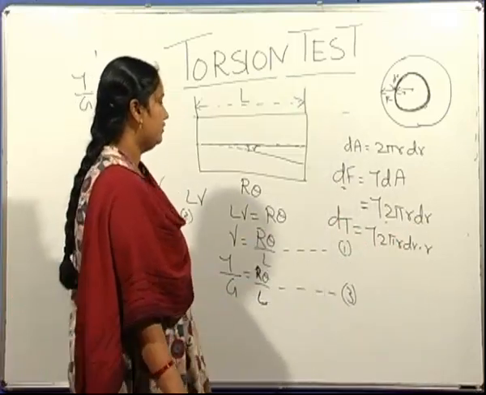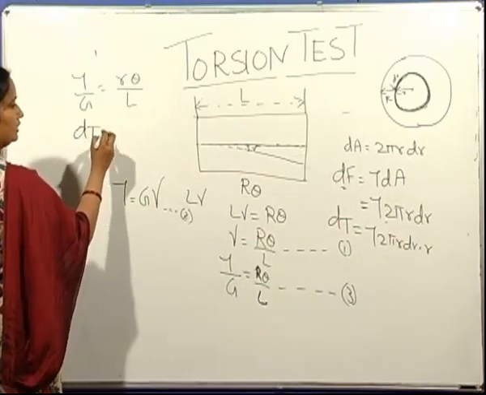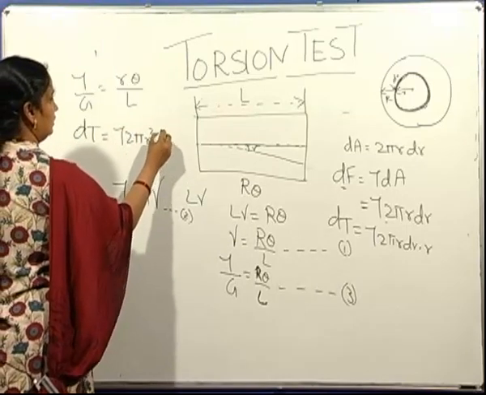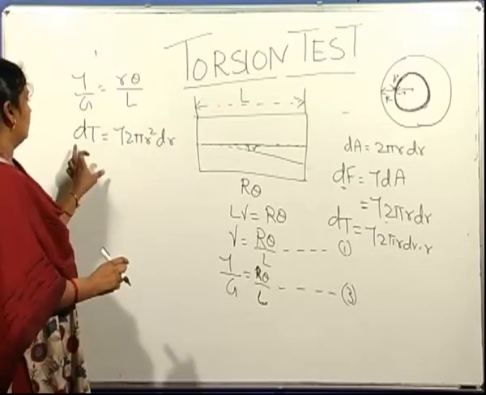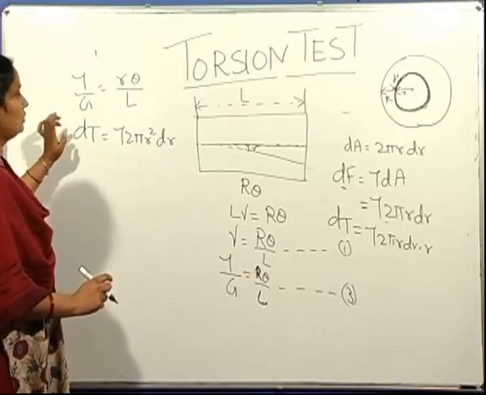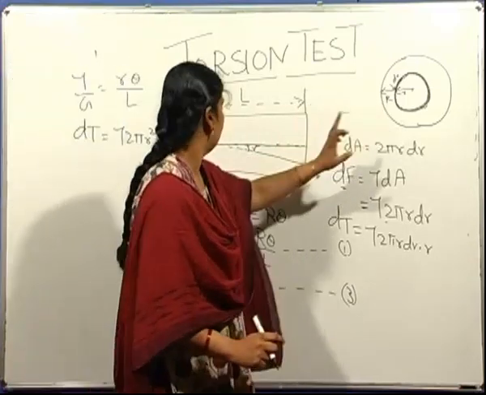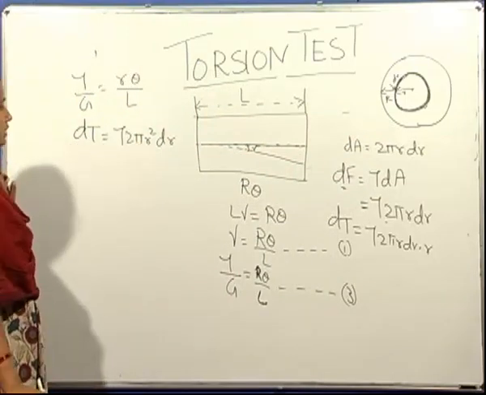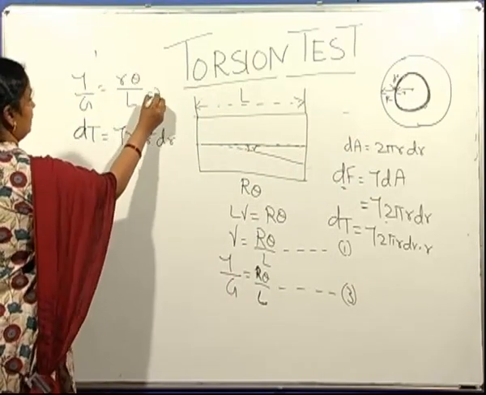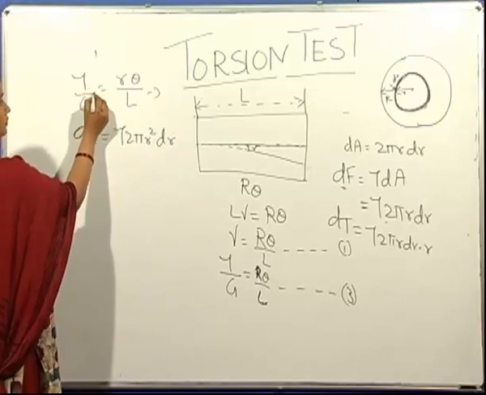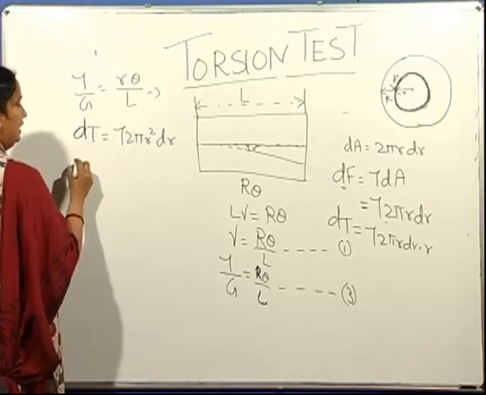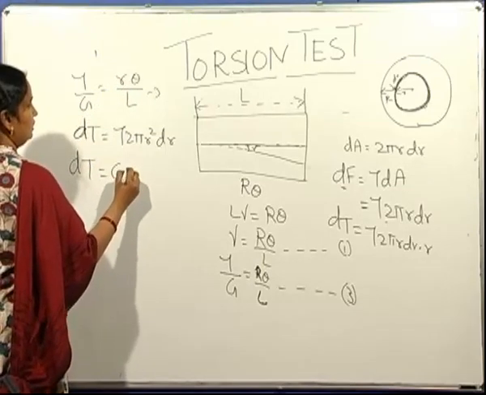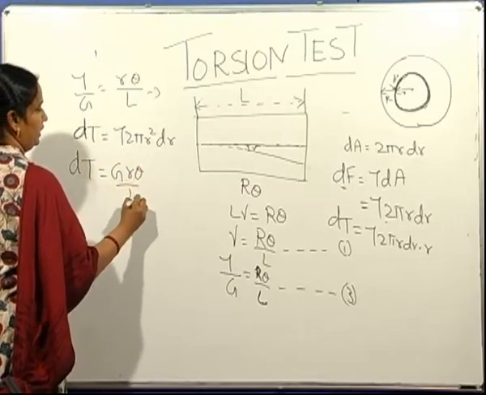So from this we have torque on the elemental ring is equal to shear stress tau into 2 pi r square dr. From this equation, tau is equal to G r theta by L, and we have dT is equal to G r theta by L.